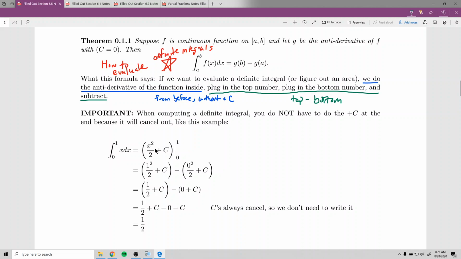When we integrate x, we get x squared over 2. And from before, we have our plus c. Maybe at this point I didn't tell you that you didn't have to use the plus c, so you still technically need to use it. Now this vertical bar here is called the evaluation bar. It's a good way to keep track of your work.